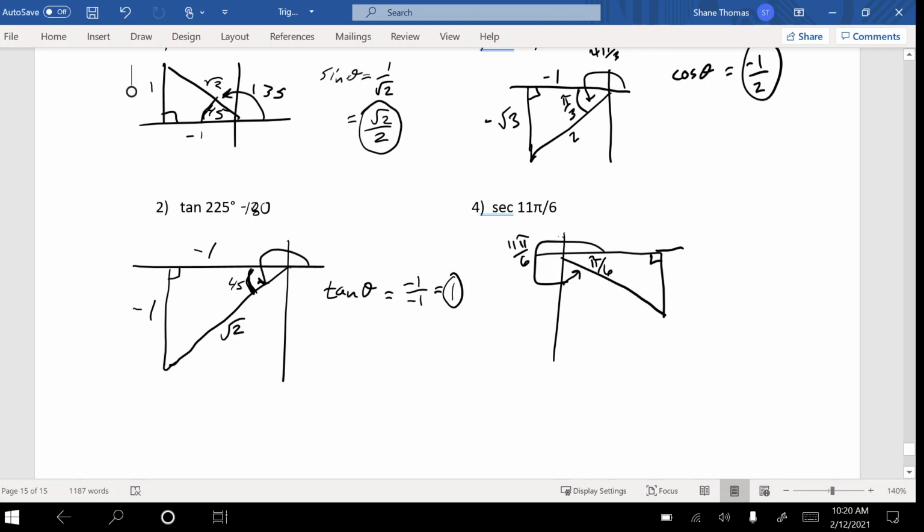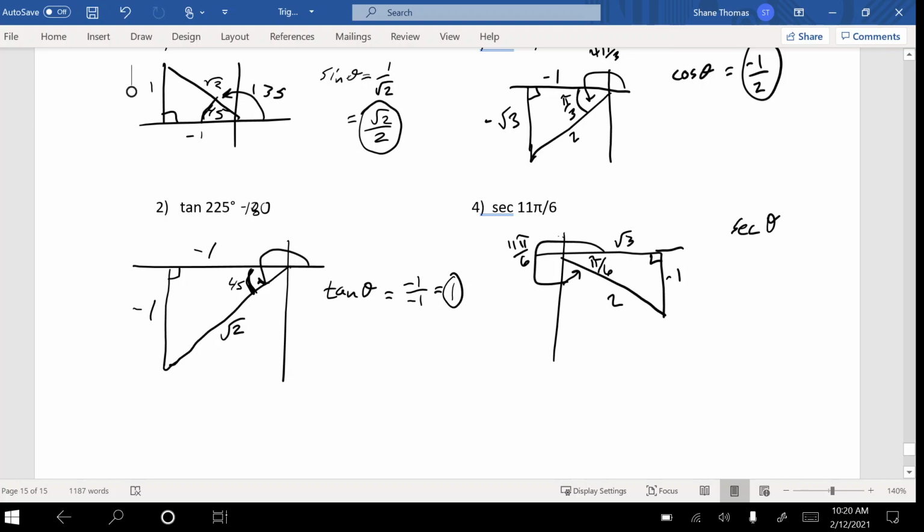Okay, pi over 6, the same as a 30-degree angle. The side is root 3, this one's 1, and this one's 2. What sides are negative? Just the 1, correct? Now I want the secant. Cosecant goes with sine, secant goes with cosine.